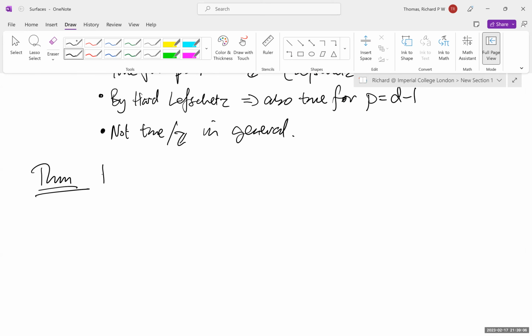Okay, so the theorem is that the Hodge conjecture for all varieties X and for all classes A is equivalent to the following statement, for all varieties X of even dimension. So I'm only going to consider the Hodge conjecture in even dimensions, and only Hodge classes in the middle dimension.